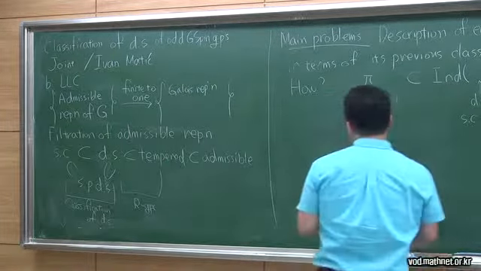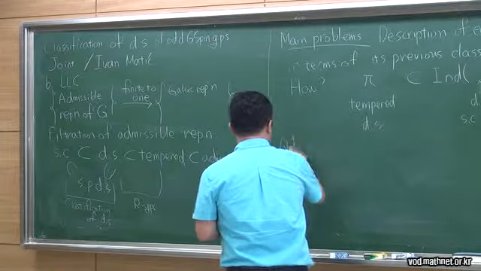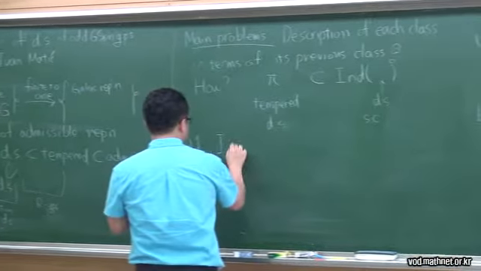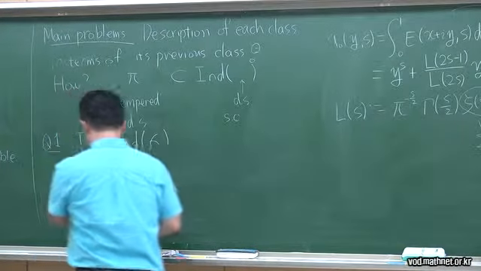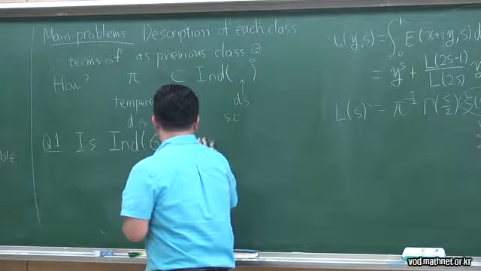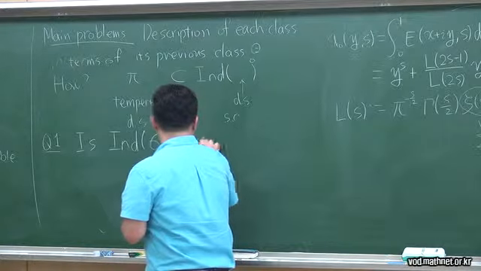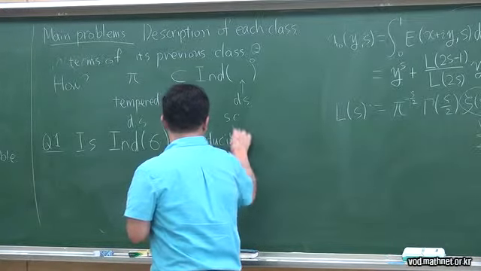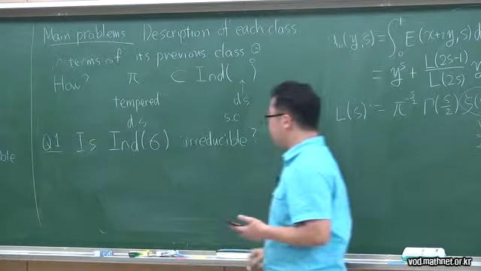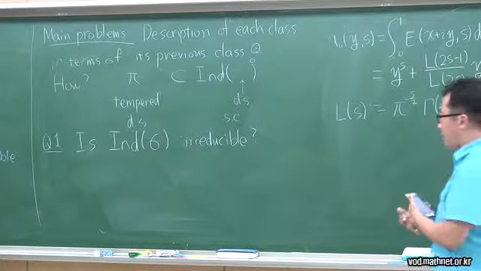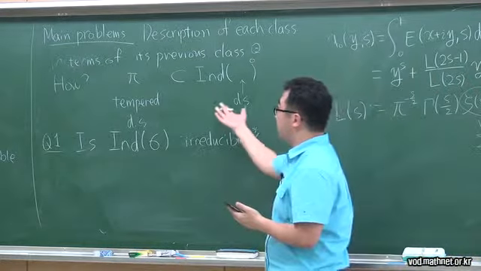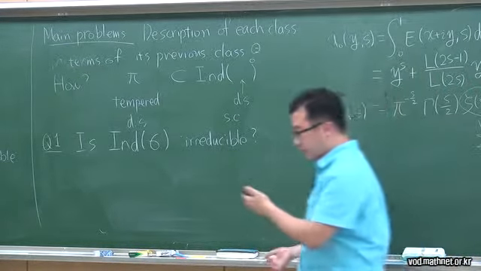Okay, so the basic question that we can ask here is: are the induced representations that I mentioned irreducible? That's the main question in this subject, the classification of discrete series.